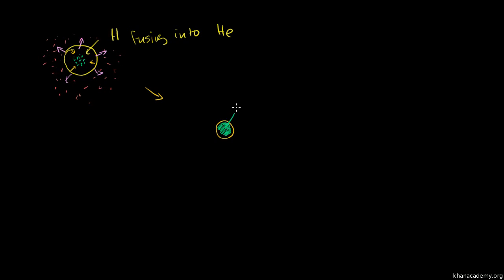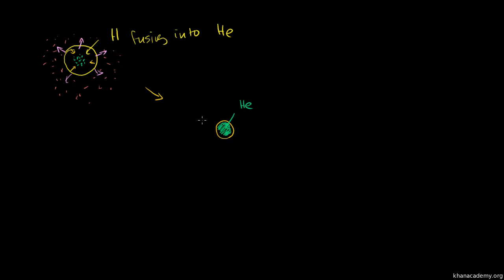And let's just get to the extreme point where it's all helium, where it's depleted. But it's been shrinking. It's much denser. That same amount of mass that was in this sphere is now in a denser sphere, in a helium sphere. So it's going to have just as much gravitational attraction, but things can get even closer to it. And we know that the closer you are to a mass, the stronger the pull of gravity.